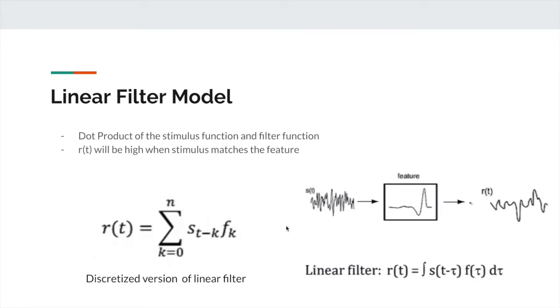And so what we'll do is we'll align this graph onto our stimulus function, a stimulus graph, and then we start off with k equals 0, and that represents the end of the feature here. And then we multiply this value with its corresponding value on S of t when it's all aligned up.